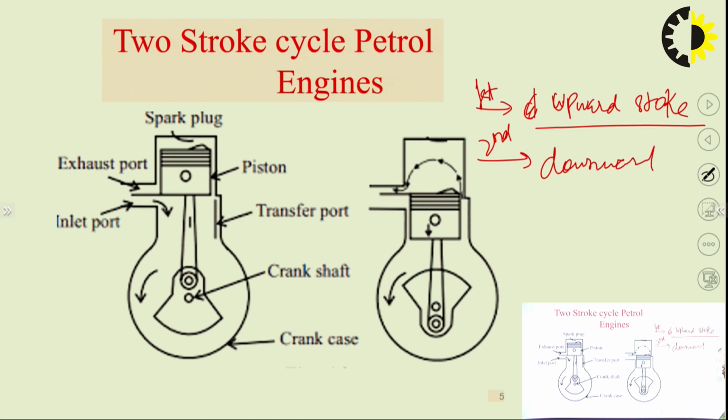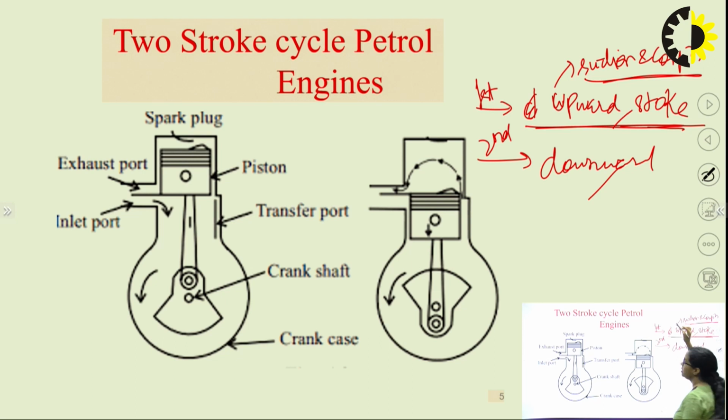Two strokes are there: the upward stroke of the piston and the downward stroke of the piston. Now remember the processes are four. It means each stroke is taking two processes. It means in the upward stroke of the piston, suction and compression are done simultaneously, and in the downward stroke of the piston, the remaining two processes will be expansion and exhaust stroke.